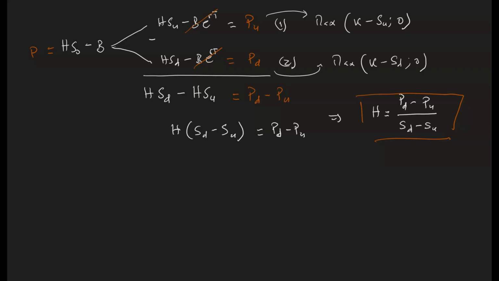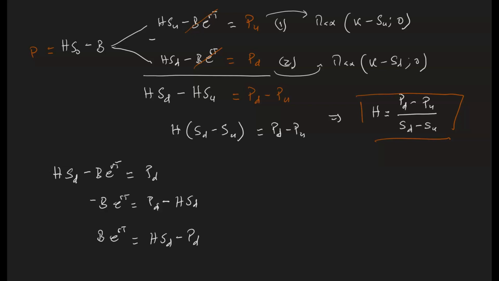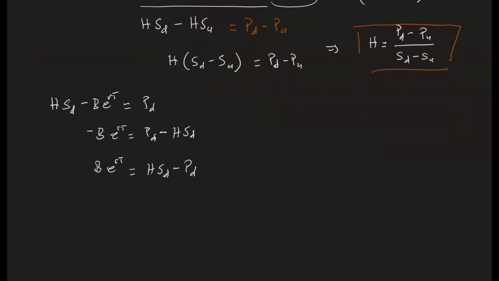We're going to have H that we now know, stock down minus B future value, is going to be equal to put down, because we are plugging now in equation 2, which means that minus B future value is going to be equal to put down minus H stock down, which means that B future value is going to be equal to H stock down minus put down, which means that B is going to be equal to H stock down minus put down present value.